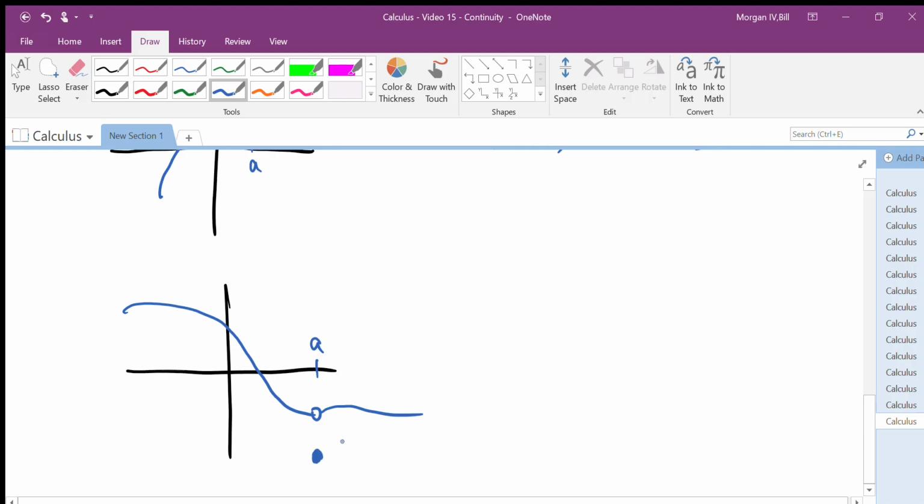It's right here, the point f of A. We also see the limit exists as we approach A: the left-hand limit and the right-hand limit are both going to the same y value, L. But this is not a continuous function at A. Is f continuous at A?